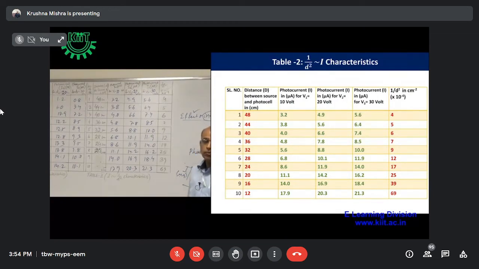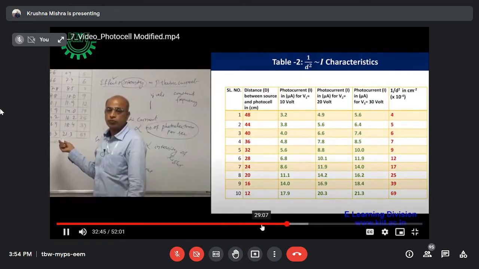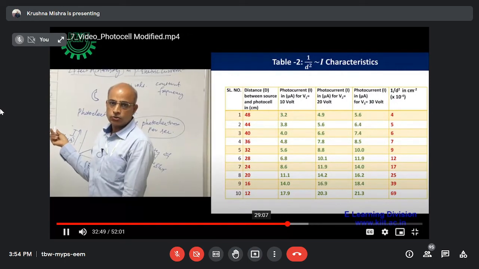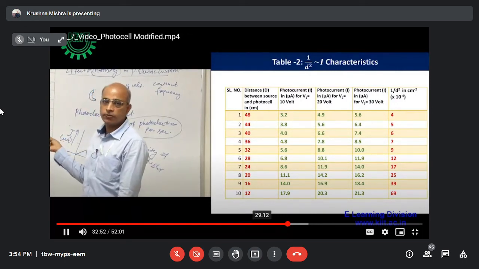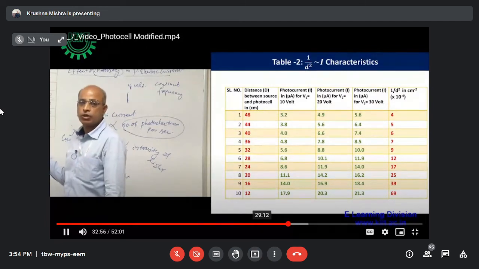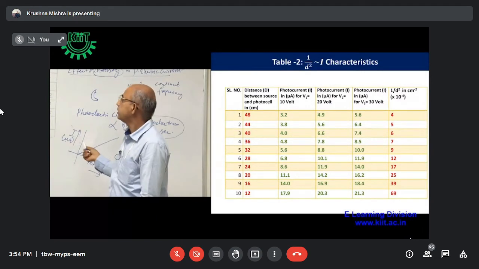We know that photoelectric current is directly proportional to the number of electrons emitted by the cathode or the photosensitive metal, and this number of photoelectrons is directly proportional to the intensity of light.